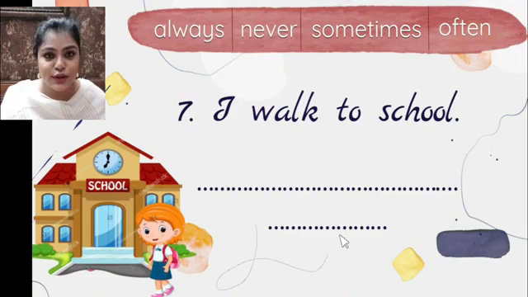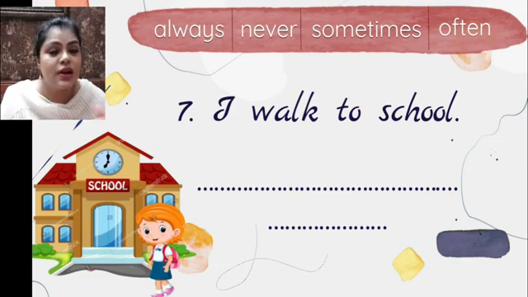I walk to school. Now, if my house is near, I will always walk. If my house is not that near but not that far, I will often walk to school. If my house is a little farther, sometimes I will walk or sometimes I will take an auto or a rickshaw.